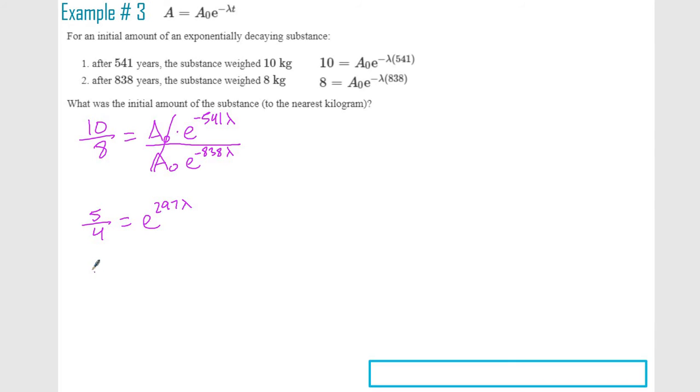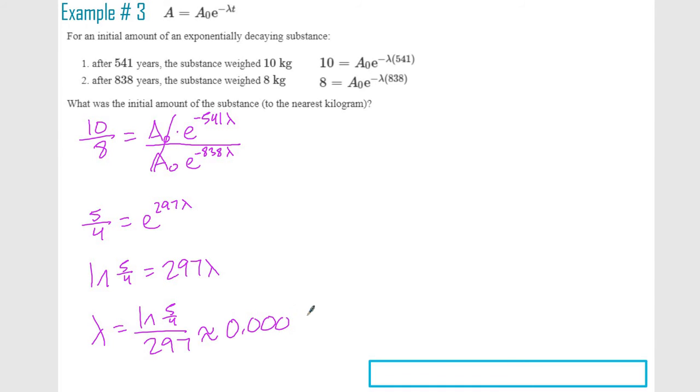Move it over. Let's see. You solve this. You get the natural log of 5 over 4 equals 297 lambda. So do the natural log of 5/4 all over 297. And you should get 0.007513.